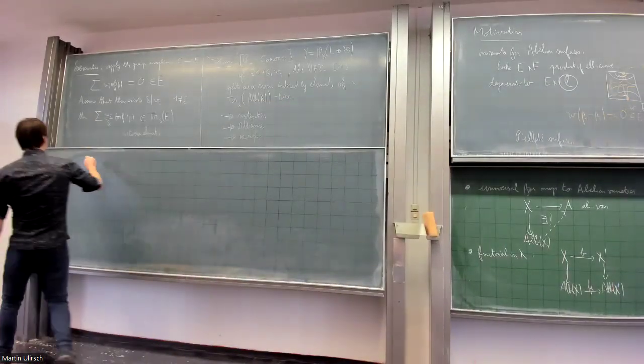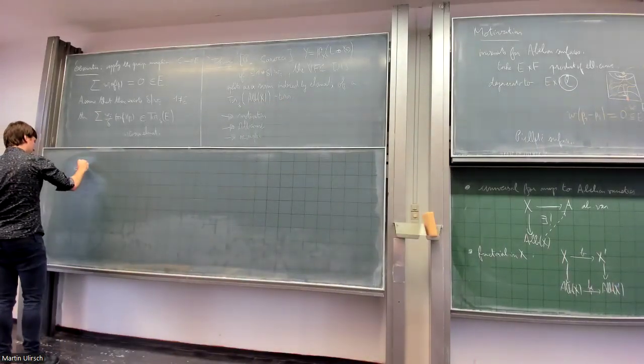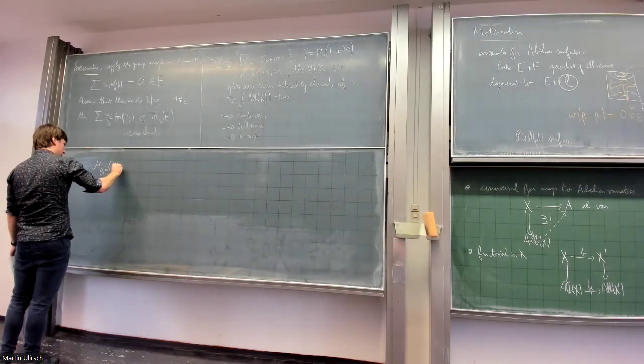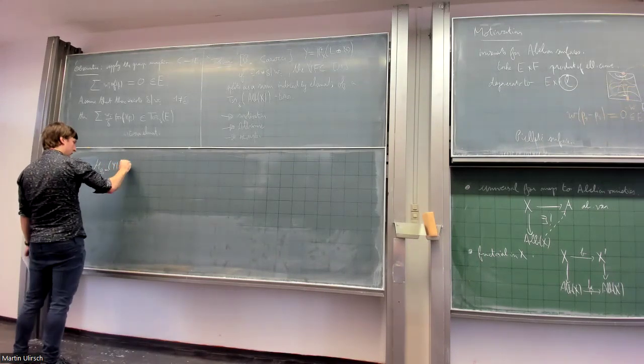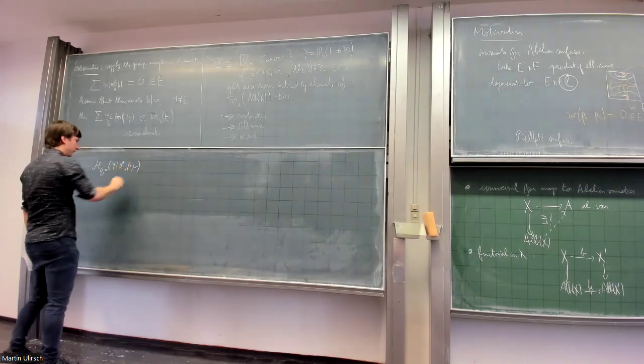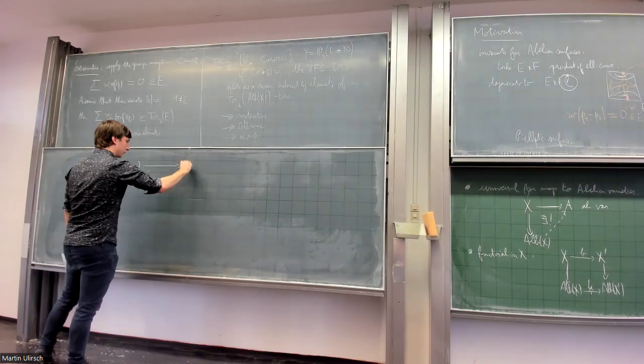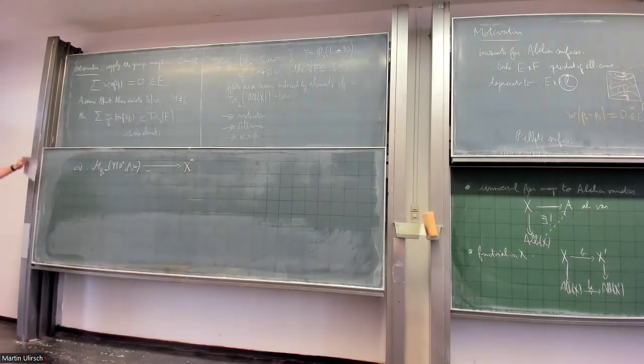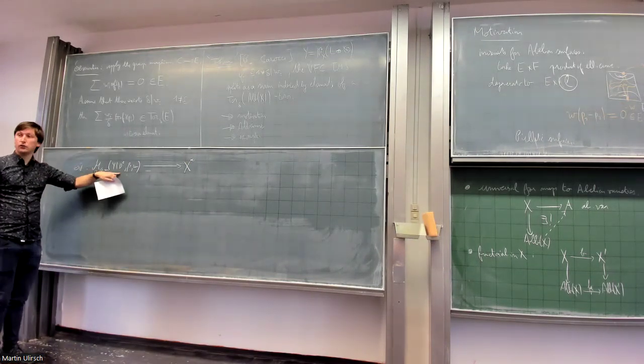Okay, so recall I have my evaluation map, meaning this is the space of the curves I consider.